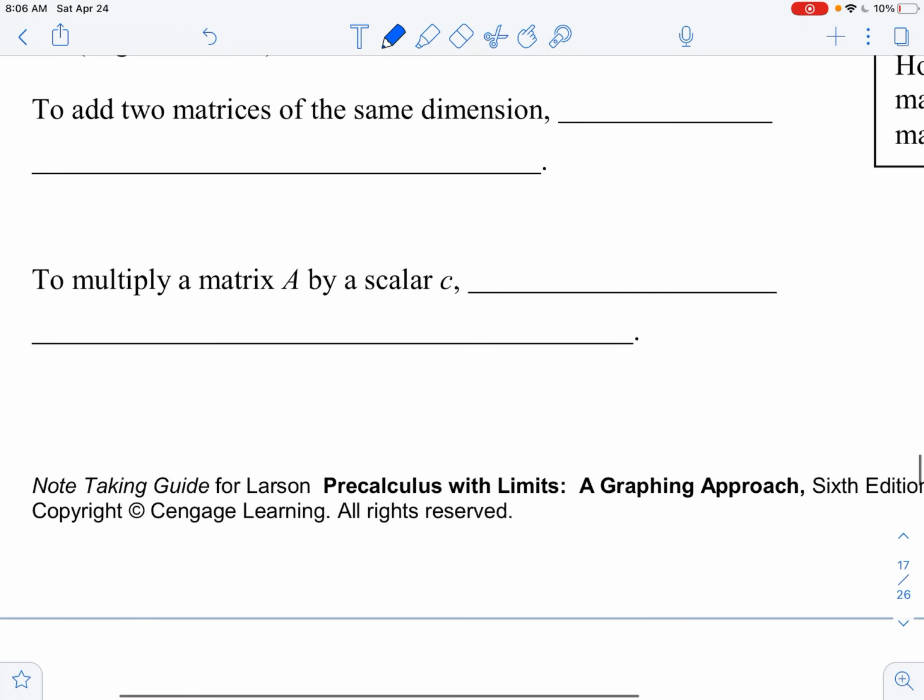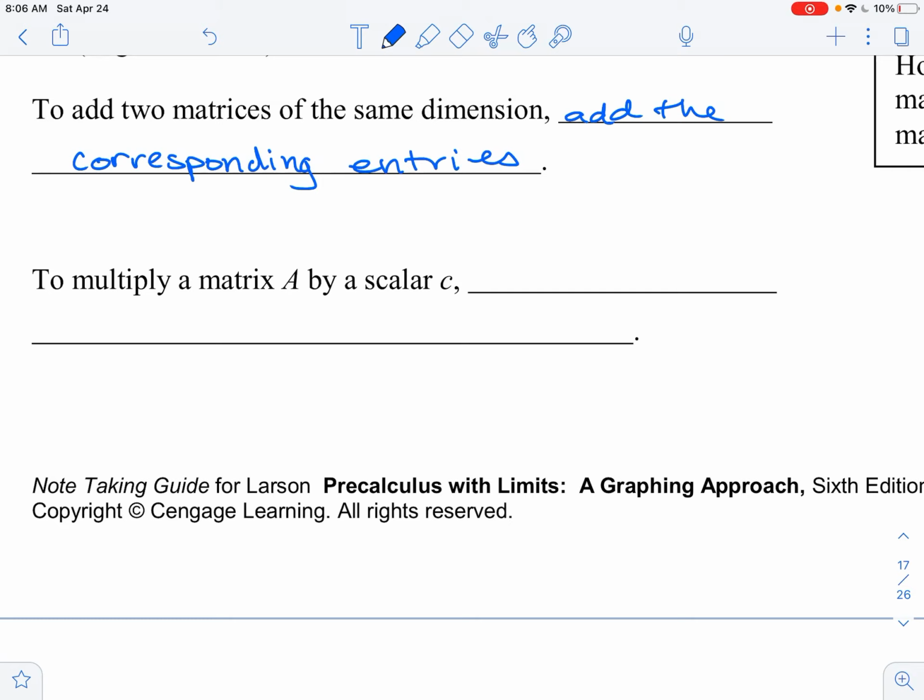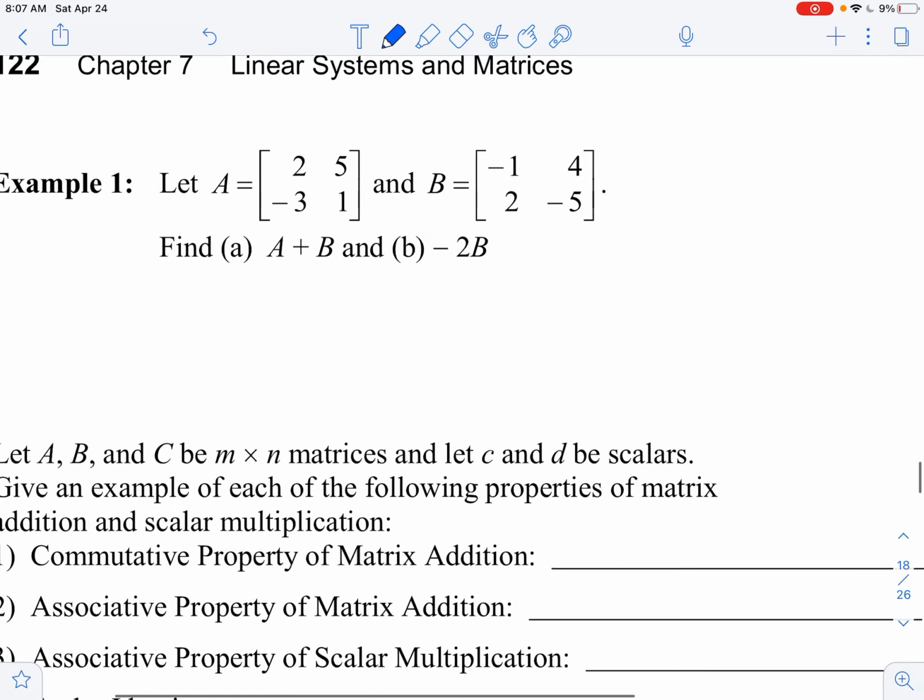So to add 2 matrices of the same dimension, you simply add the corresponding entries. And then to multiply a matrix A by a scalar or constant C, we multiply each entry by the value of C.